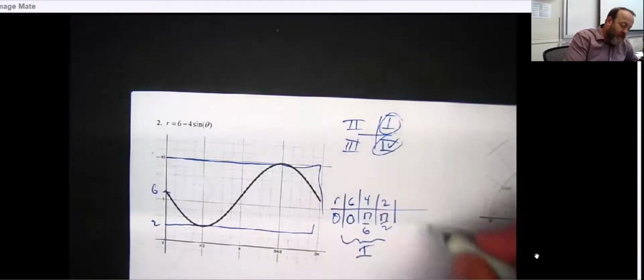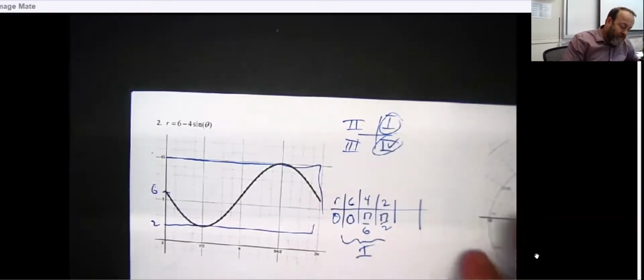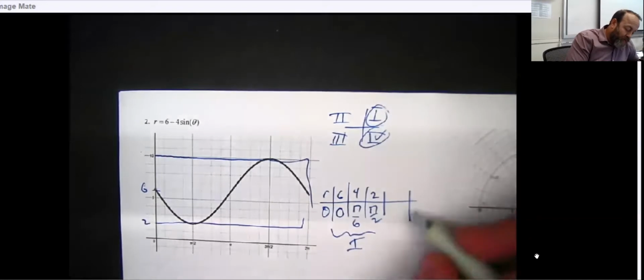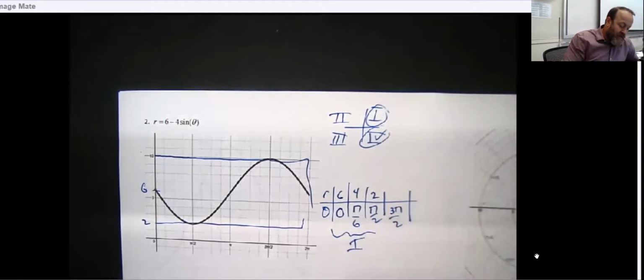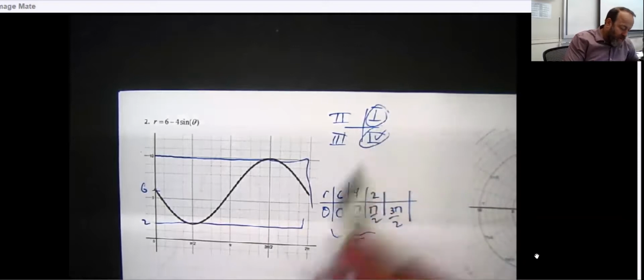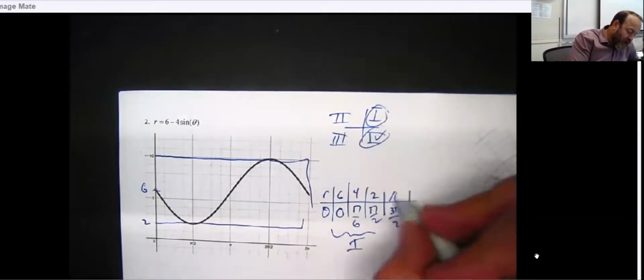So now I just want to take a little bit of quadrant 4. For quadrant 4, just like before, I do know that 3 pi over 2 is the same as minus pi over 2. So that's going to be in quadrant 4 right down here, and the radius grew as high as 10.